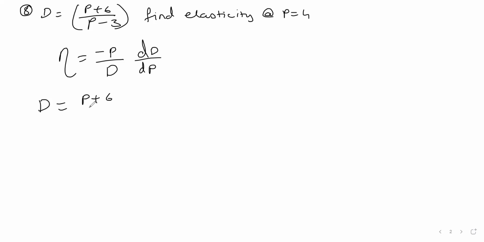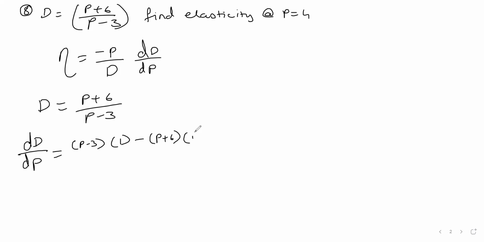D is equal to P plus 6 upon P minus 3. Now, if I want to find the derivative with respect to price, using the quotient rule, this will be P minus 3 into 1, minus P plus 6 into 1, because the derivative with respect to P of P minus 3 and P plus 6 is 1, with the 3 and 6 giving 0.